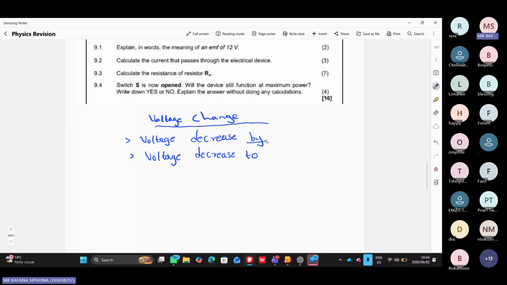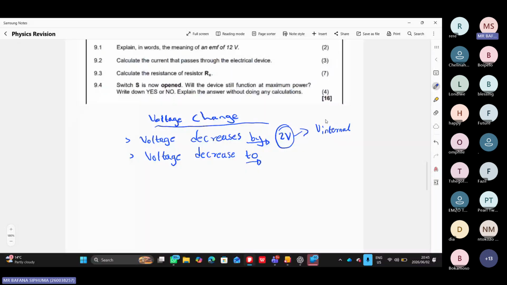What do these two words mean? Because they're very important. They play a very good role. According to what I saw on a trial question paper for Limpopo, you can visit the paper. So when they say voltage decreases by 2V, that 2V is your V internal.